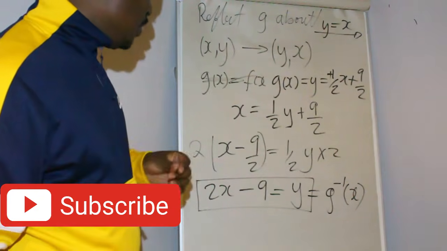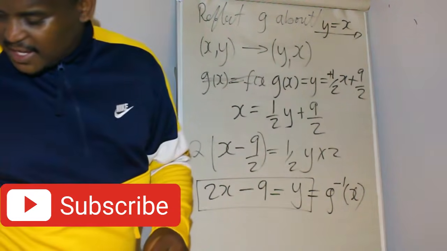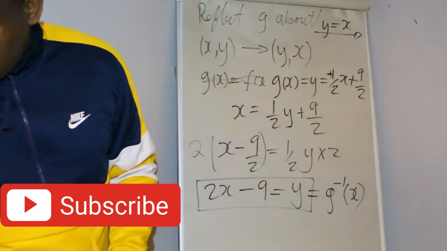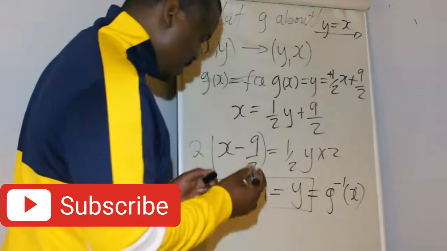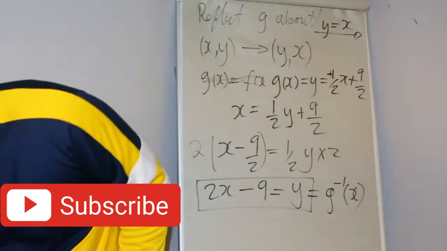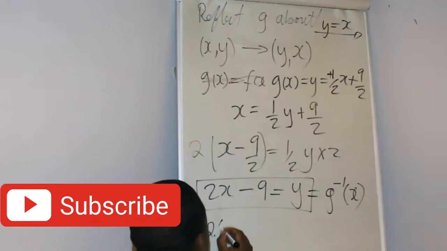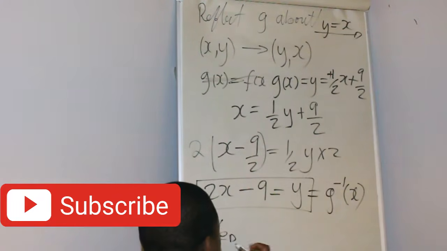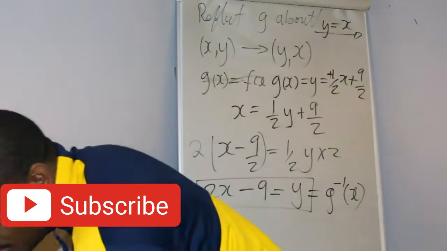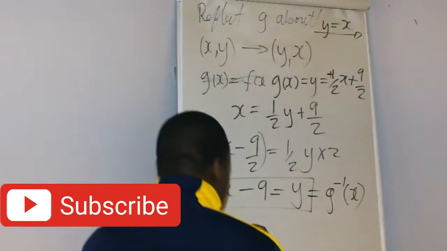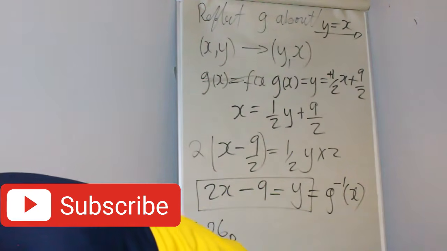Okay, so here is what they are saying. They are telling you that we define a new function, 4.2.6, which is equal to h of x.